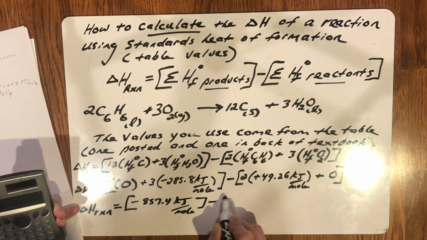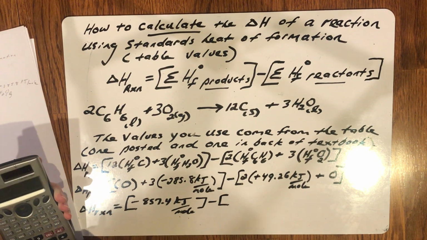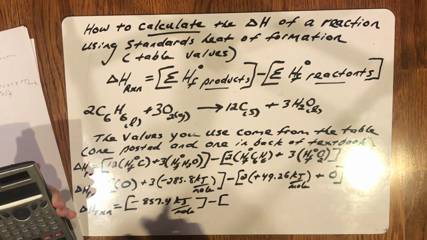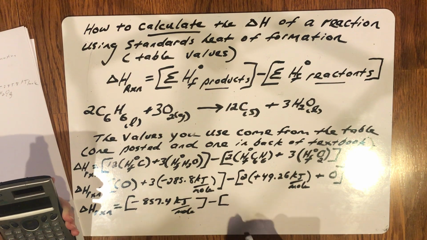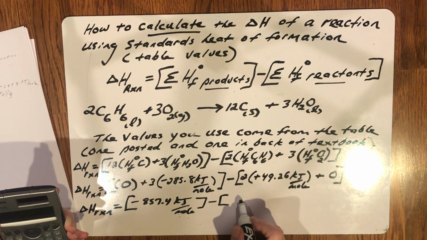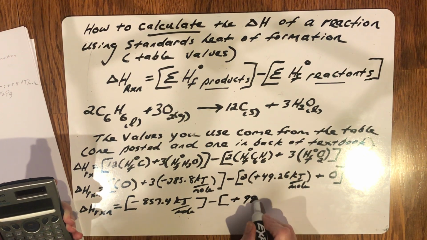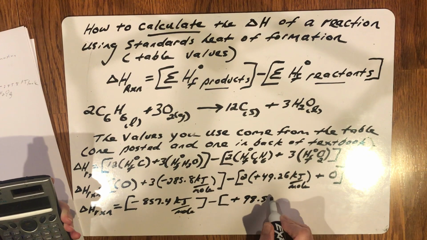And I will subtract from that 49.26 times 2, which would be a positive value of 98.52.